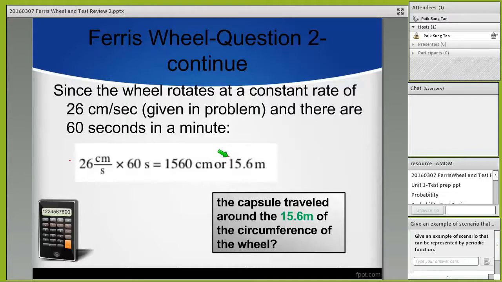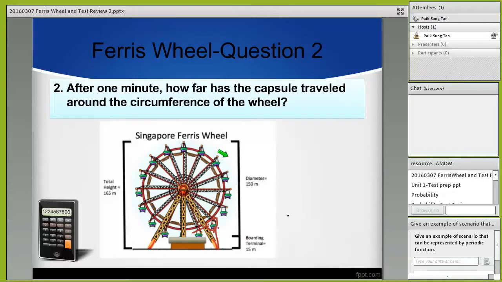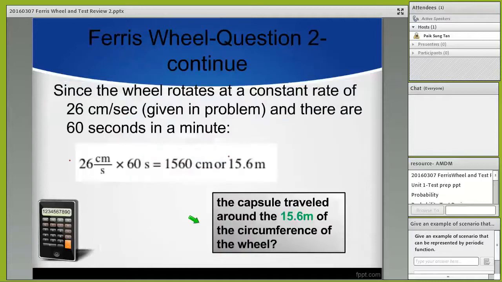Since we want to calculate 1 minute, how far the capsule has traveled in 1 minute, we want to know how far it had traveled around the circumference. We know that the speed is 26 centimeters per second. So using that information multiplied by 60 seconds, we know it has traveled 1,560 centimeters.